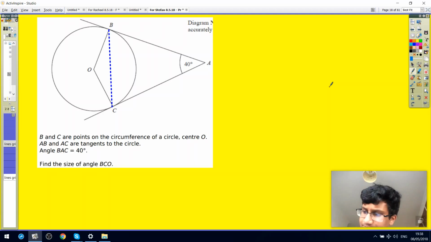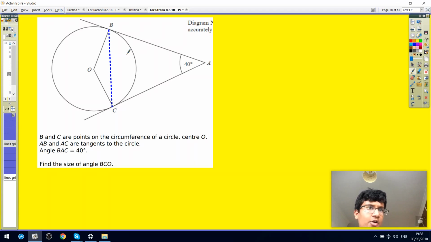So there's two tangents there, so we can mark 90 degrees. Actually, yeah, because they're two radii coming out.